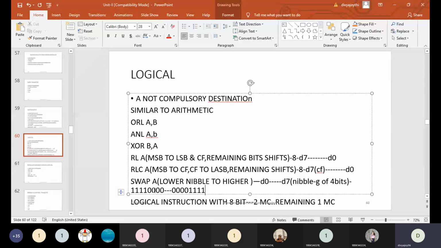That you need to remember. For logical operations on 8 bits, the processor takes 2 machine cycles, and for less than 8 bits, the controller executes the instruction in 1 machine cycle.